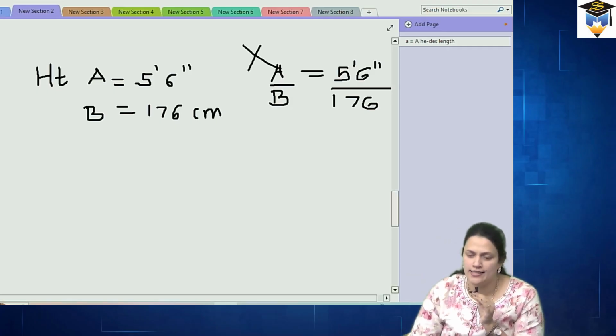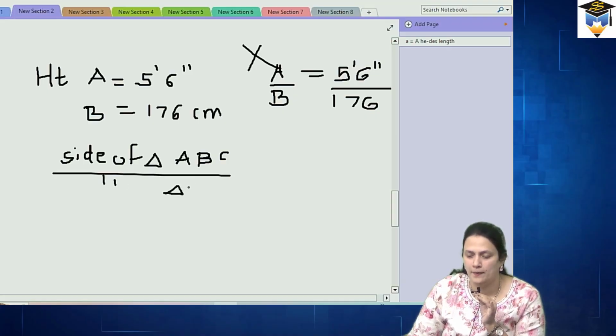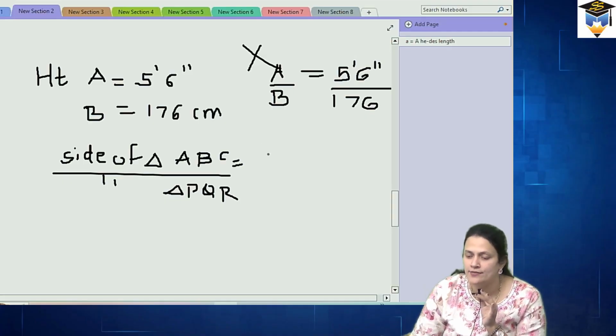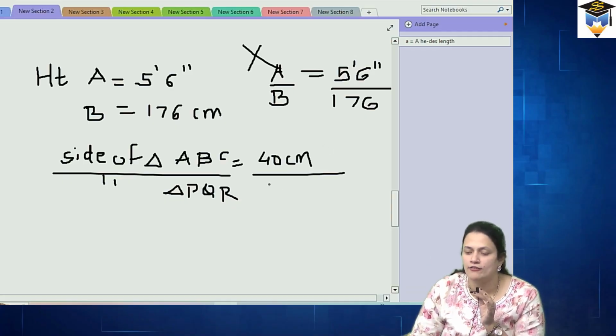Let us take another example. Suppose there is a side of triangle ABC upon a side of triangle PQR. Suppose AB is given to us as 40 centimeters, and side PQ of PQR is given to us as 4 meters.